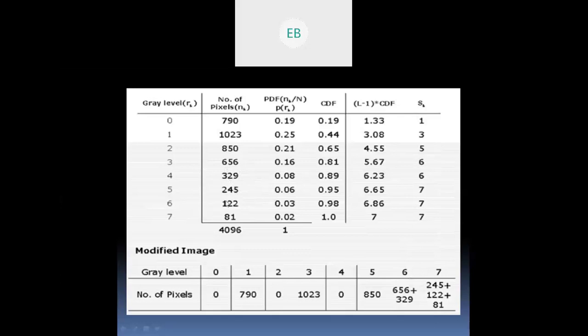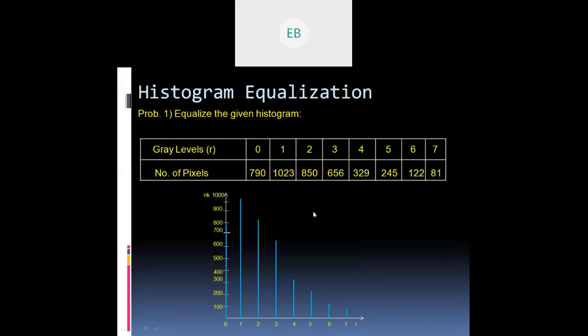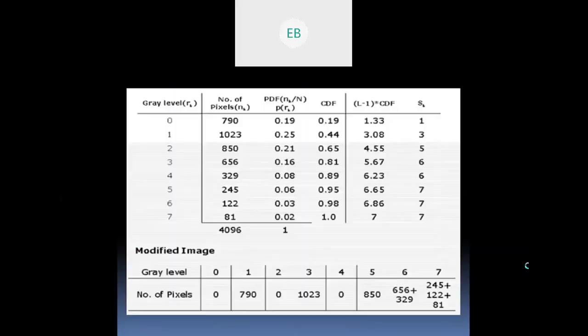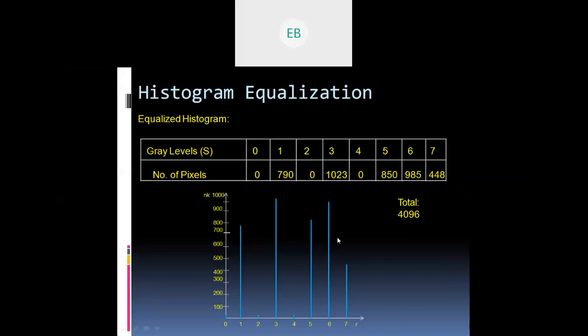Also 656, which was in 3, has shifted to gray level 6. So 656 plus 329 has shifted to output gray level 6. Finally, for 5, 6 and 7 we had values 245, 122 and 81, but these input intensity values have shifted to output gray level 7. So this 7 has 245 plus 122 plus 81. So this is the modified image or modified histogram.